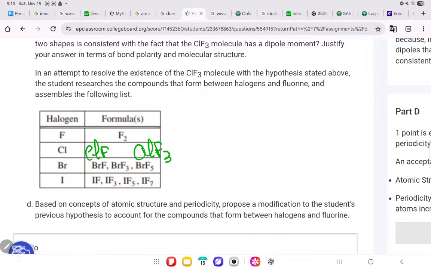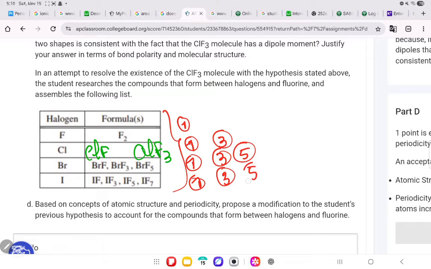So what can I deduce from this? Here, like fluorine, it bonds with one fluorine. Here, it bonds with either 1 or 3. Here, it's either 1 or 3 or 5. Here, it's either 1 or 3 or 5 or 7. So what are these? These are odd numbers. So there's an odd arrangement of fluorine.